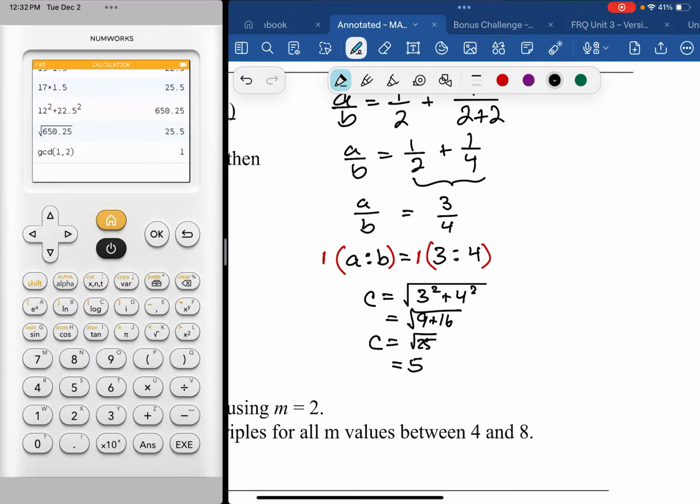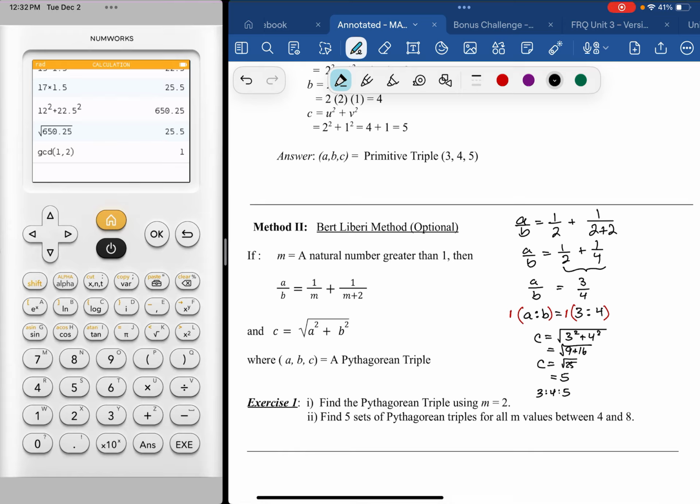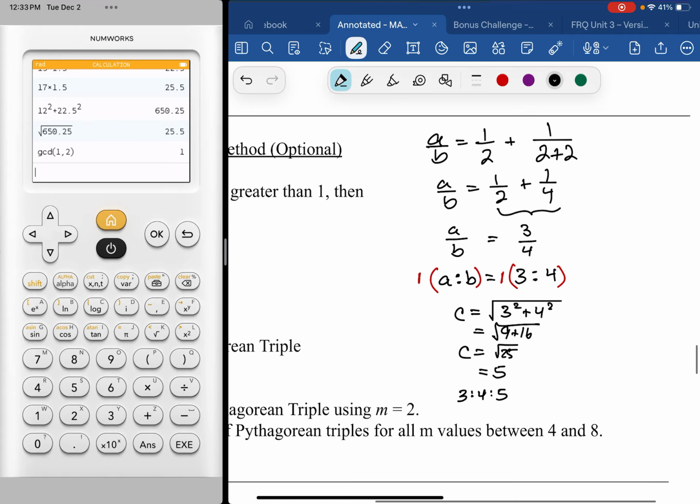So I have the 3 to 4 to 5, which would be the primitive Pythagorean triple, and any multiple of that. So when it says find the Pythagorean triple using m equals 2, that would be the primitive Pythagorean triple, right?